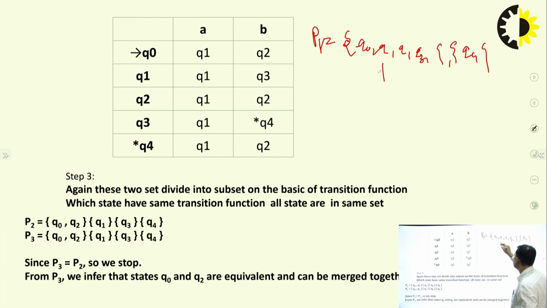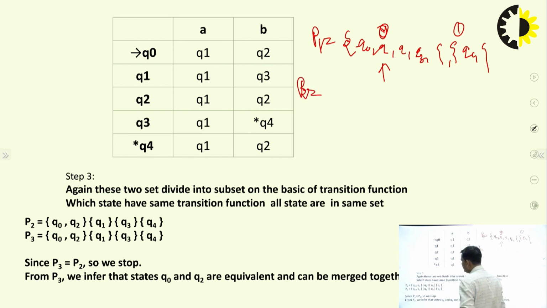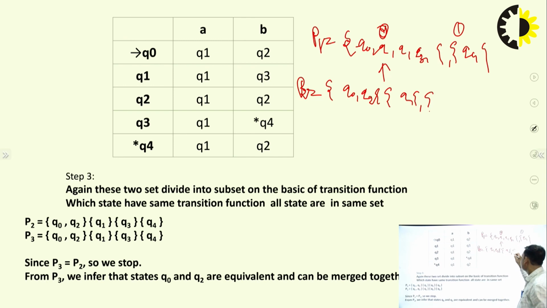Partition is set number 1 and set number 2. Second, partition P2 equals Q0, Q2 and Q1, Q3 and Q4.